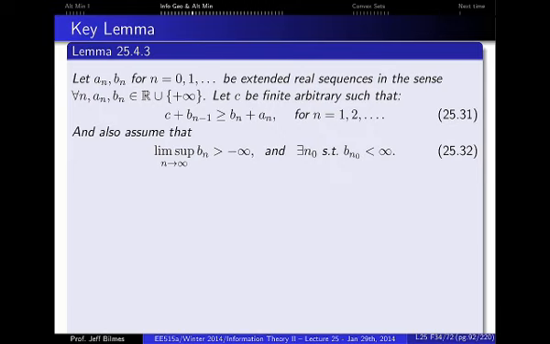Obviously, if there's a point n naught such that Bn is finite, everywhere after it Bn is going to be finite also because of this property. If Bn is finite and C is finite, it's not going to suddenly become non-finite. So then the lim inf of An is going to be bounded above by C.